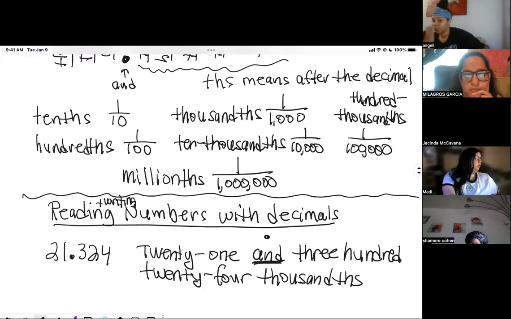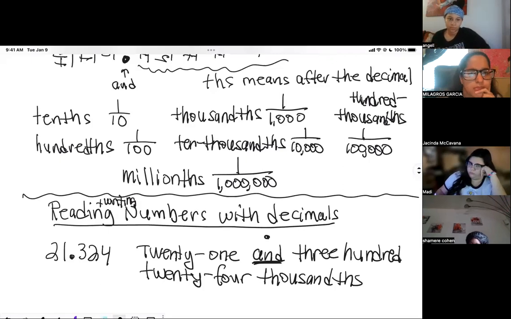This is tenths, hundredths, thousandths, it ends in the thousandths. So 21 and 324 thousandths. The last number ends in the thousandths.